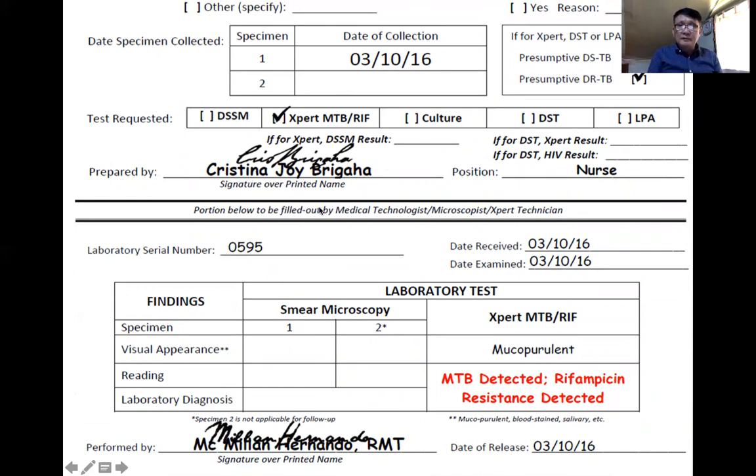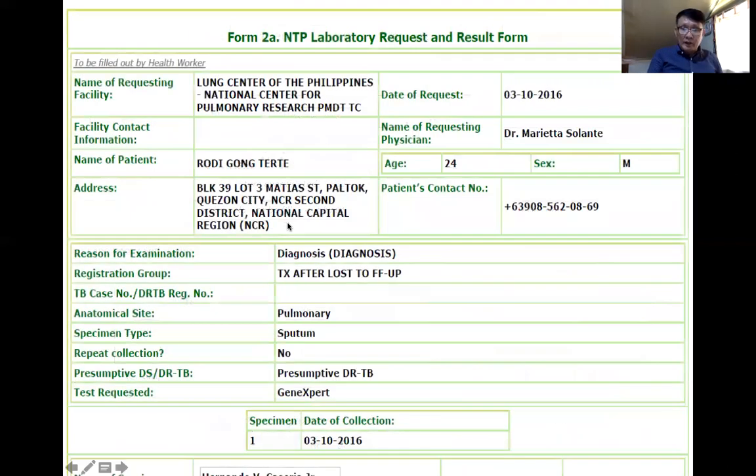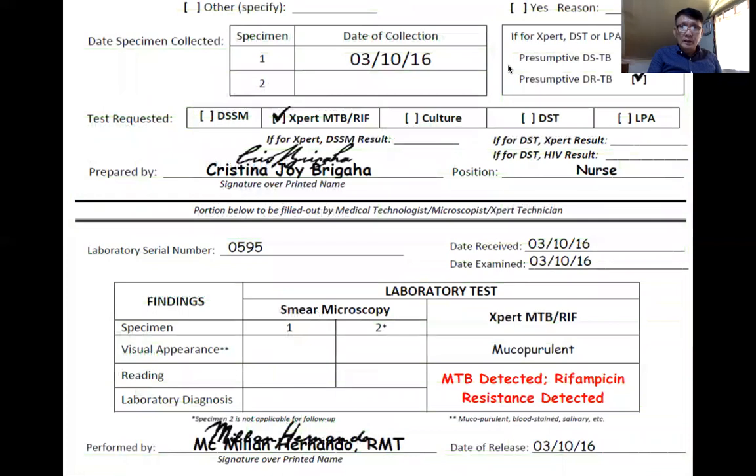So this is the first half of the form. The last half of the form is located below. And this portion, as we all know, should be filled out by the medical technologists, the microscopists, or the Xpert technician.